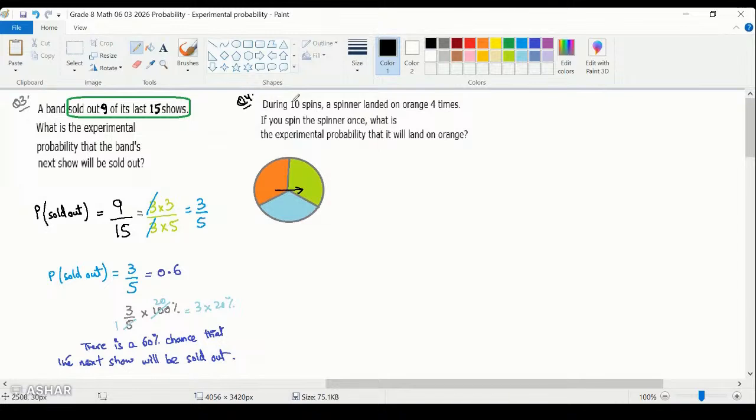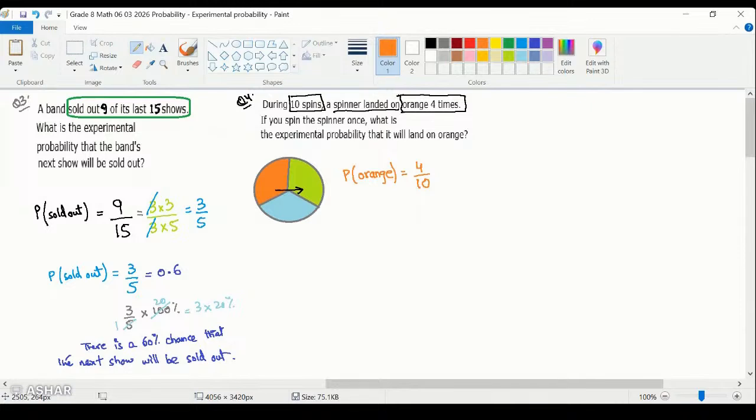during 10 spins, a spinner landed on orange color 4 times. Okay, so we can say that the probability of the spinner landing on orange in this question is 4 out of 10. That means if we spin the spinner 10 times, 4 times it will land on orange color.